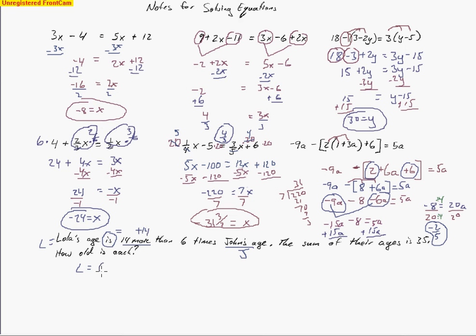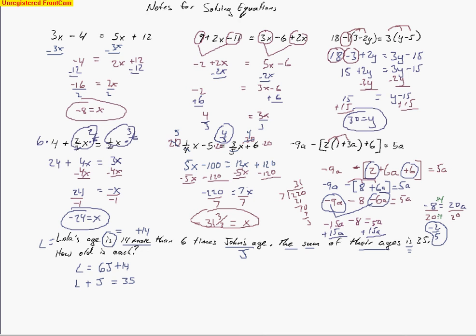So let's start with the 6J, so 6 times John's age, plus 14 years. And then it gives me another equation here. It says the sum of their ages, so the two people's ages, is means equals 35. So let's go ahead and write that down. L plus J, so Lola's age plus John's age, the sum of their ages is 35 years.